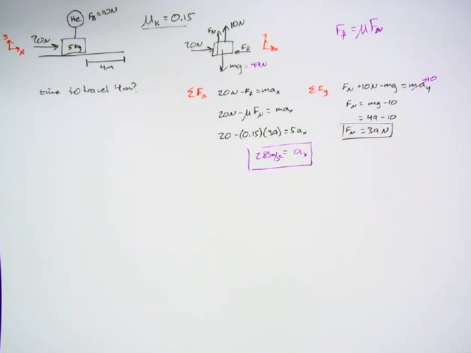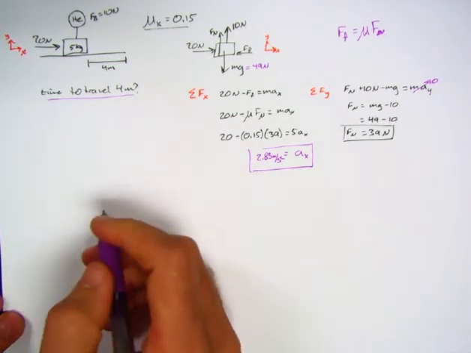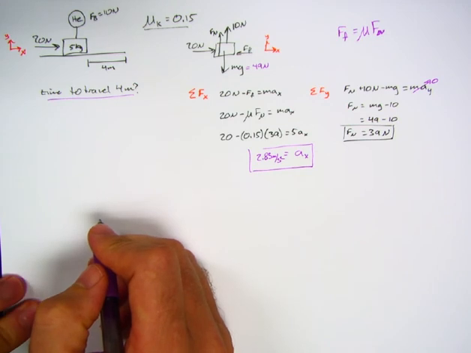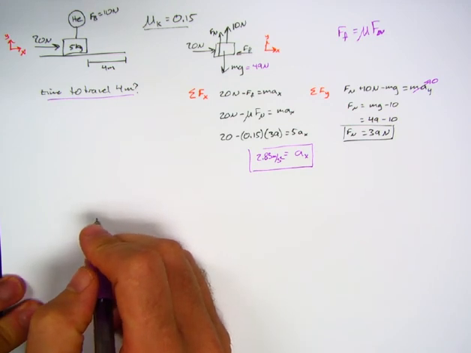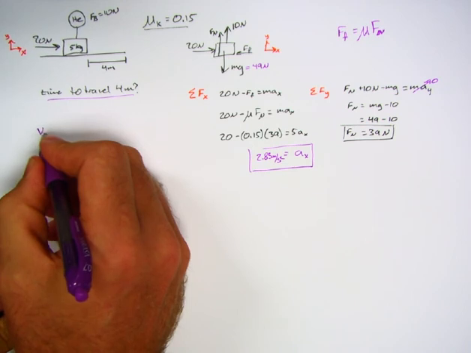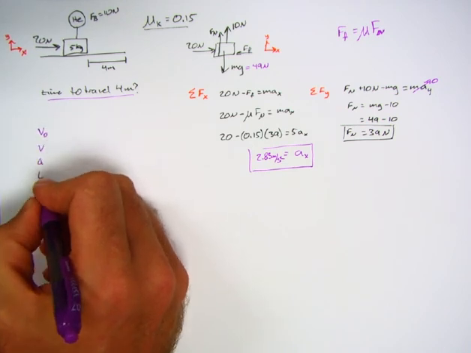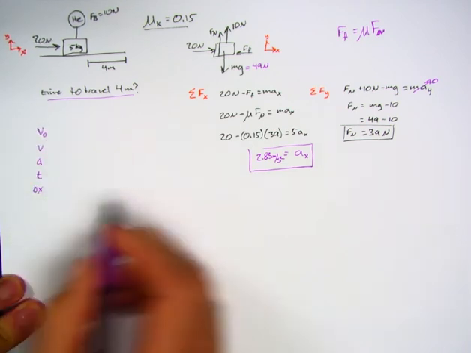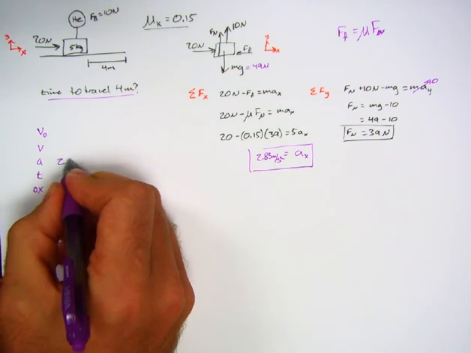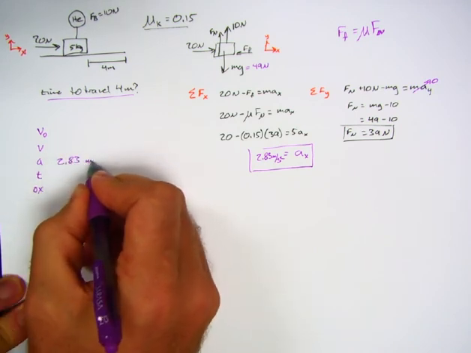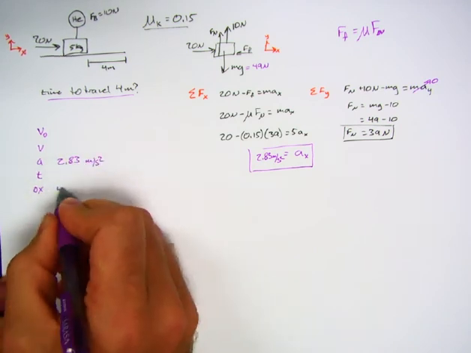Okay, so we found the acceleration of the box, and now we have to go back to our original question. How much time does it take to travel 4 meters? Well, this is a kinematics problem. We know our acceleration, 2.83 meters per second squared.